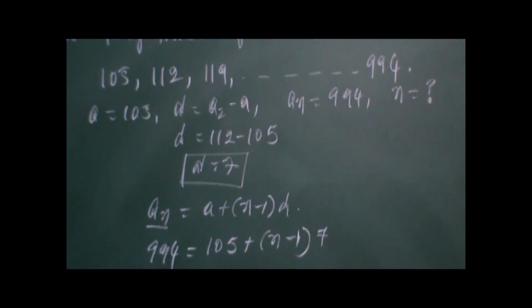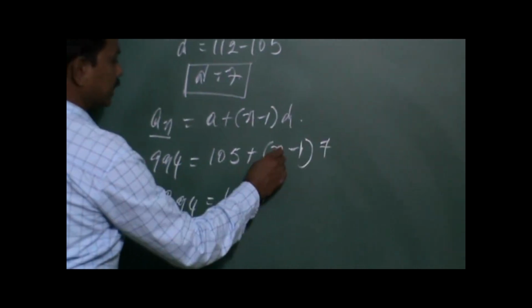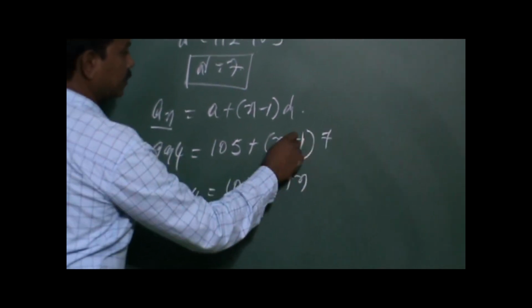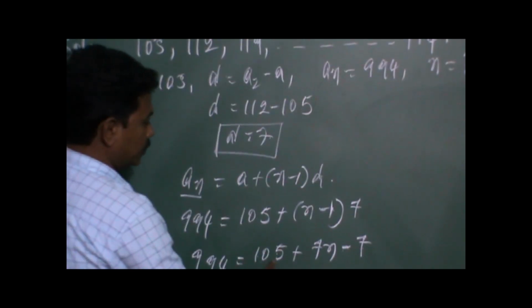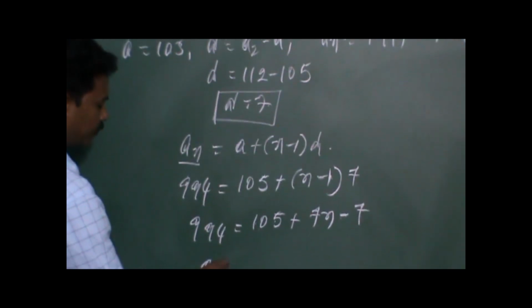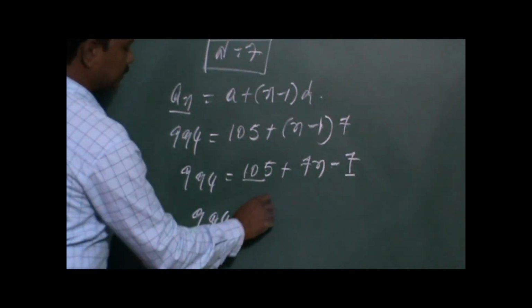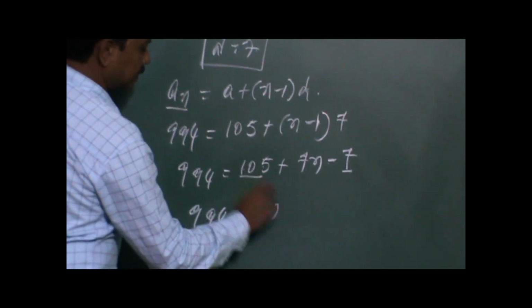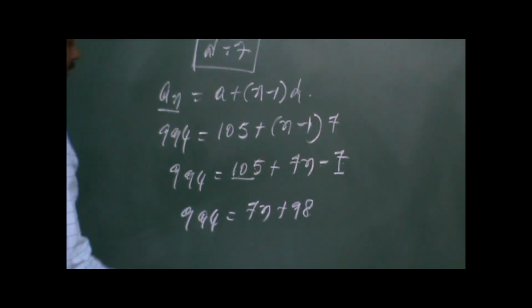So 994 is equal to 105 plus 7 into n is 7n, 7 into minus 1 is minus 7. So 105 plus 7n minus 7. So 994 is equal to 7n plus 98, since 105 minus 7 is 98.